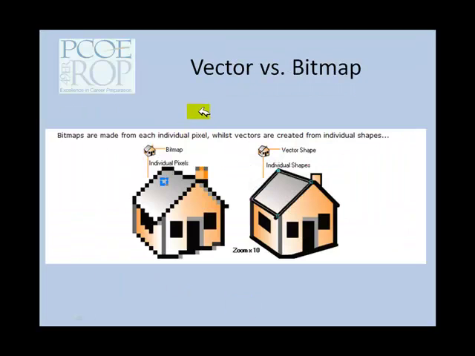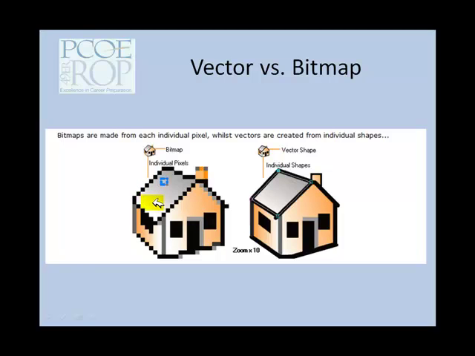I just want to talk about one in a little detail, and you can see I found this on the Bush Arts website, about vector images versus bitmap images. Pixlr, like most image editing programs, works with bitmap images. Bitmap images are like this house on the left. It's made out of individual pixels. Pixels being the little squares that make up our screen.